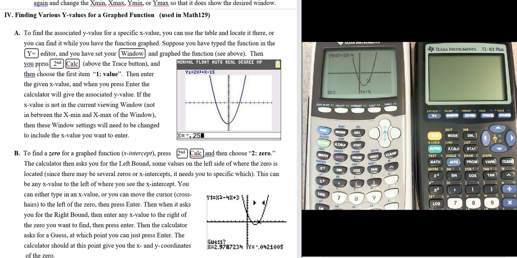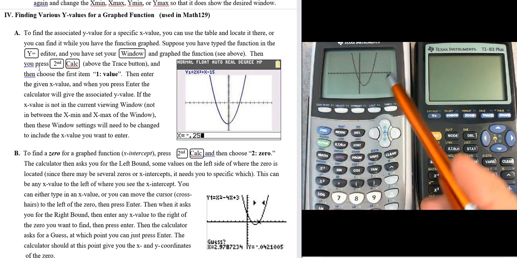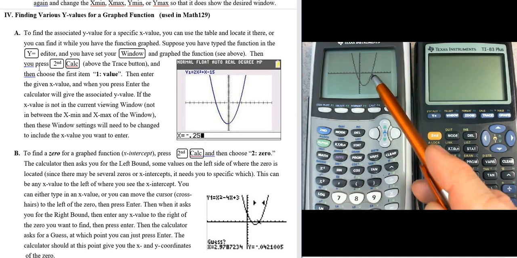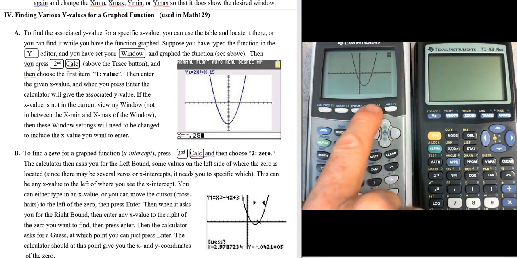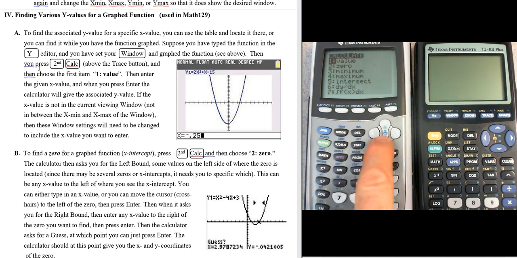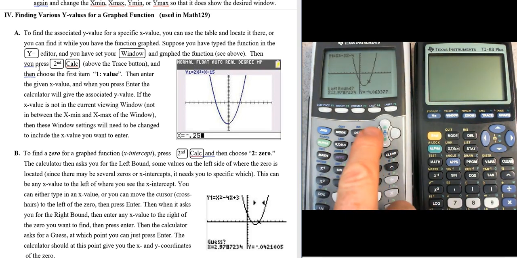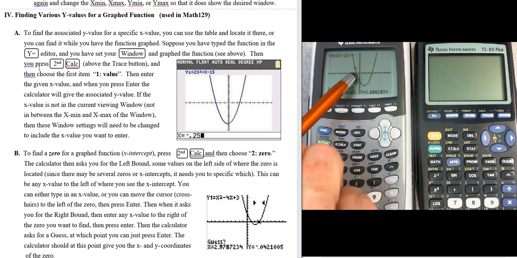All right, now a 0 of a function is the place where it crosses the x-axis. So where does it look like it crosses the x-axis here? Well, it looks like about negative 1, and it also looks like it crosses here at 4. And so if you go second calc and go down to the second item, 0, then it's asking me for the left bound, so I'm going to move my cursor to the left side of where that 0 is I want to find.